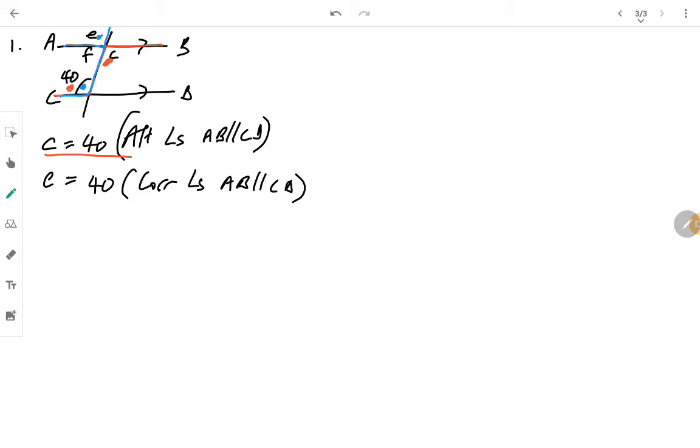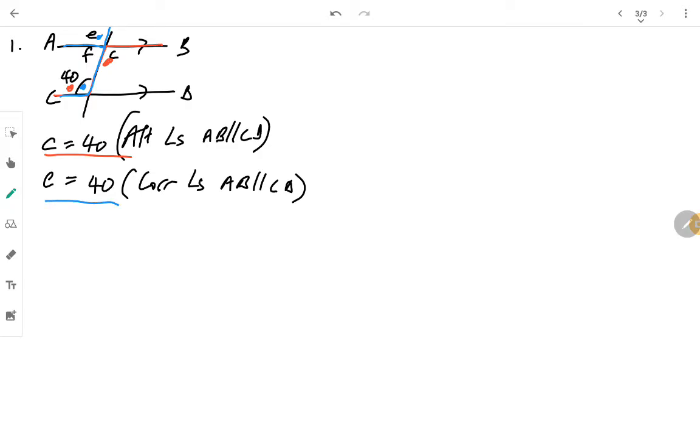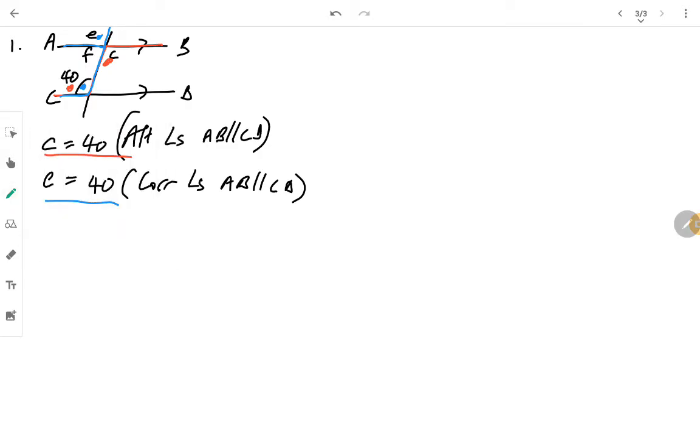That's alternate. Then the blue one, that's the corresponding. Then I have now this green one, which we say co-interior. So this is 180 minus 40.